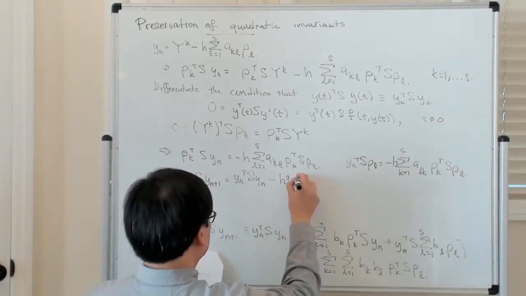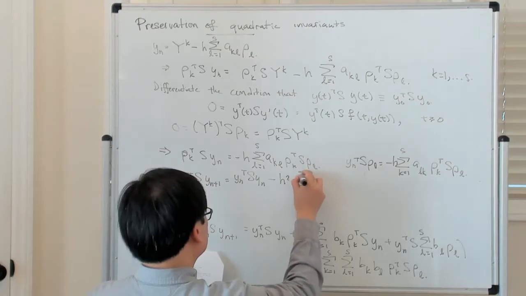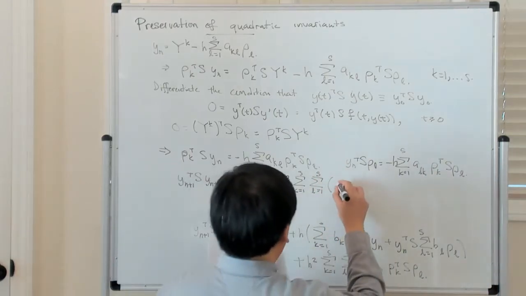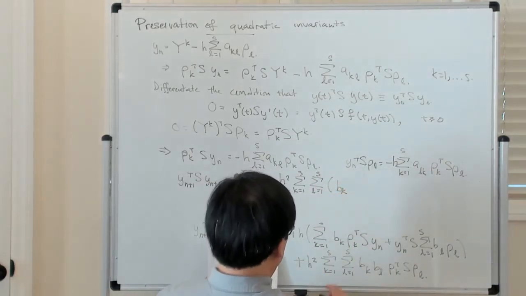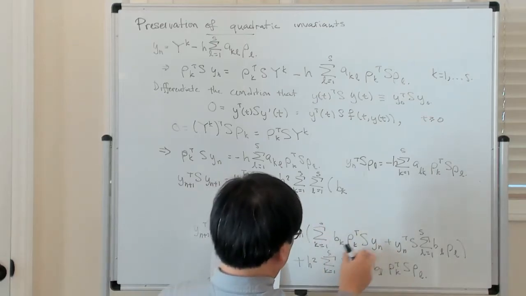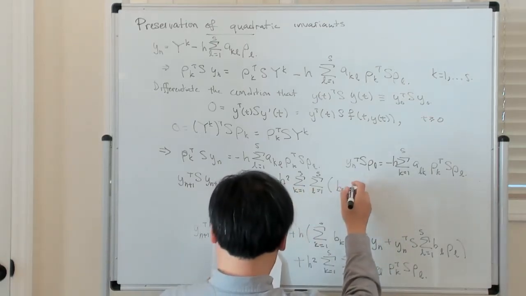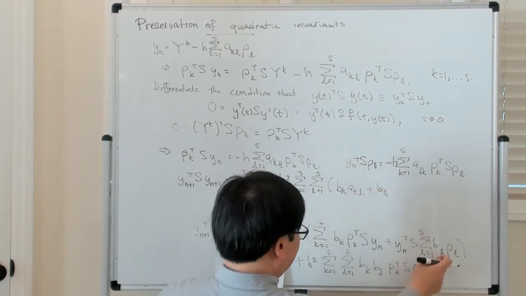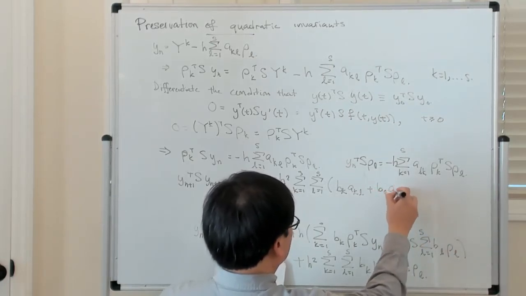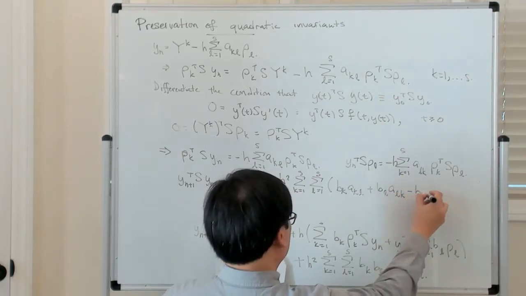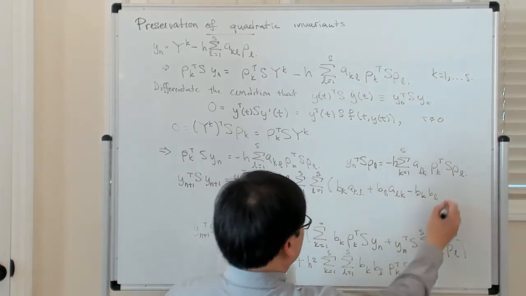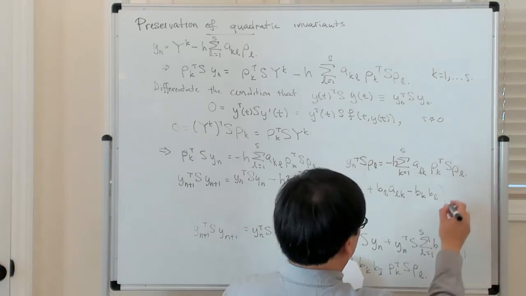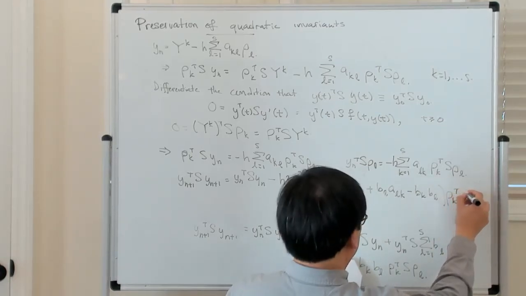Minus h squared, sum over k equals 1 to s, sum over L equals 1 to s of bk multiplied into the akl terms, plus bl multiplied into alk, minus bkbl. The bkbl come from here. All of them have the same term, rho k transpose S rho l.